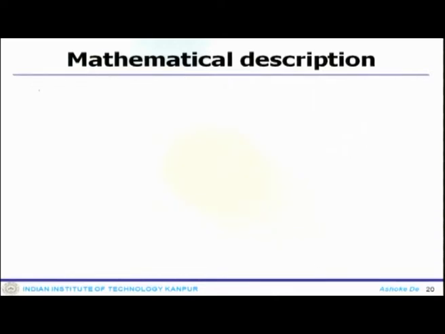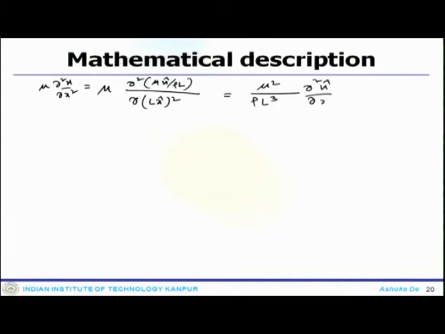Now, the diffusion term, mu del 2 u by del x 2. So, that would be mu del 2 u hat by rho L square. So, finally, it becomes mu square divided by rho L cube del 2 u hat divided by del x hat square. And the final term, that is rho g beta T minus T infinity.